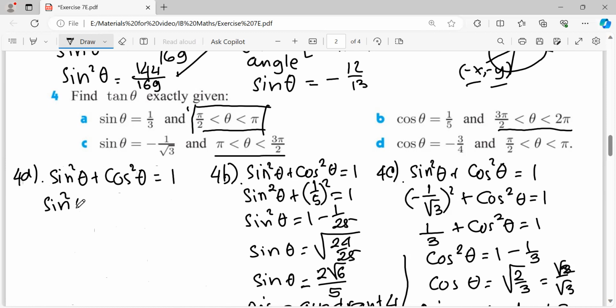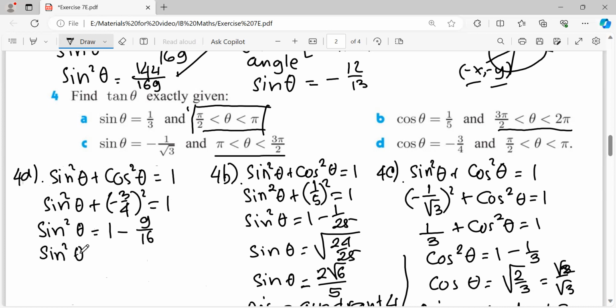Sine squared theta plus negative 3/4 squared equals 1. So sine squared theta equals 1 minus 9 over 16.